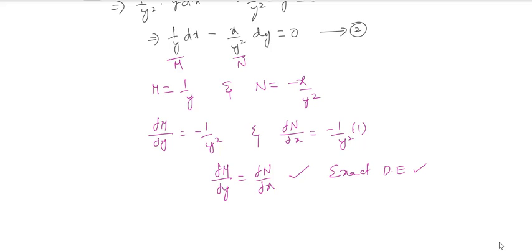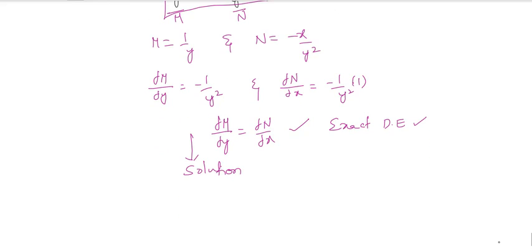If it is an exact differential equation, then what is the solution for this? The solution will be integral M dx, where y is a constant. Am I correct or not?